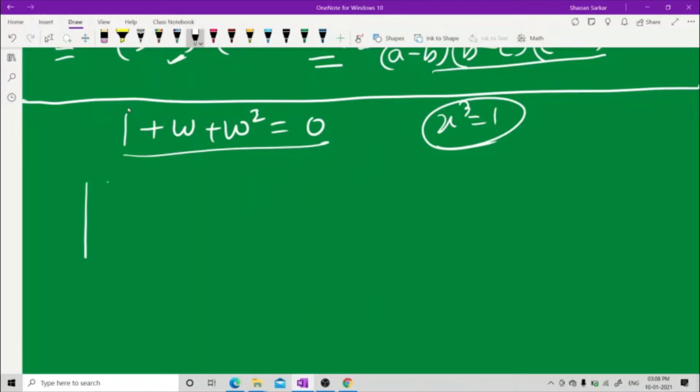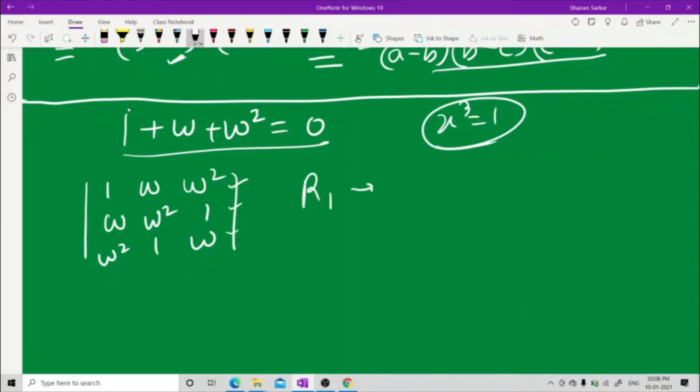What I have is 1, omega, omega square, and omega square, 1, omega, and omega, omega square, 1. What I'll do is that I will add up these rows. R1 is to be replaced with R1 plus R2 plus R3.